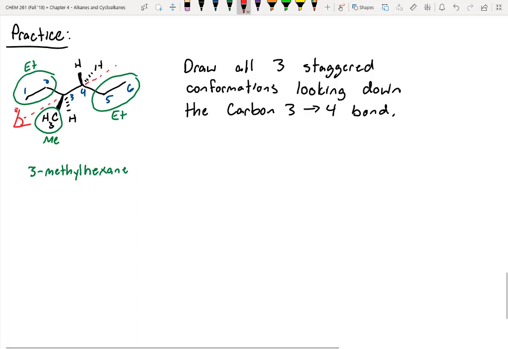While you're working on that, I'm going to just draw a skeleton structure. Oh, that looks terrible.